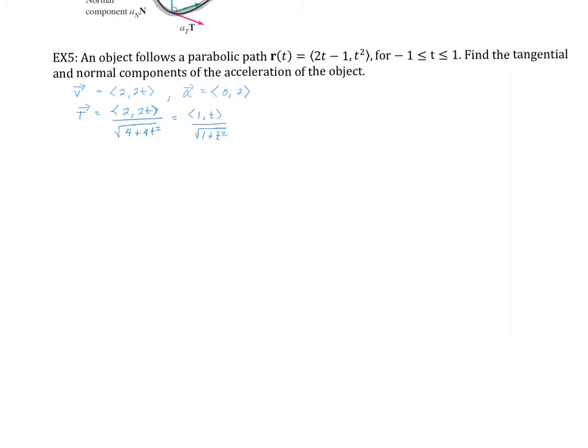and I can now figure out what my a sub t is. So my a sub t, the coefficient on the unit tangent vector, is going to be equal to the dot product of these two vectors.